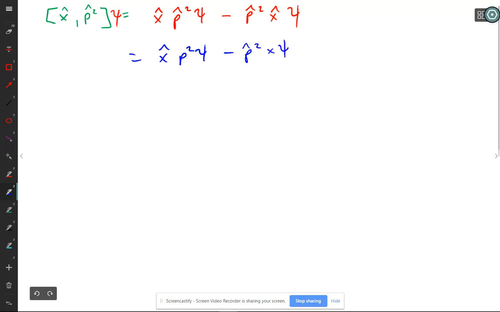So I did the p squared operator psi is equal to p squared psi, and x operator psi is equal to x times psi. And then this first term is easy because that's p squared x operator psi. Second one, not so easy.